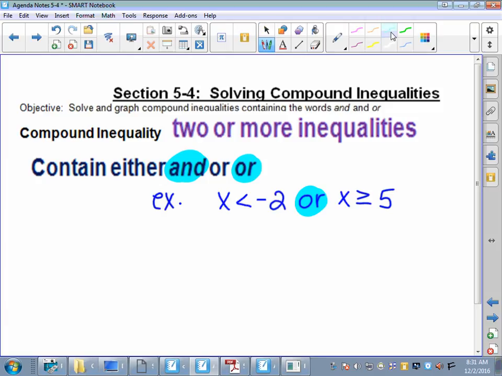An and might look like one of two ways. x is greater than 5 and x is less than 12. We could write that a different way. That could also look like this.